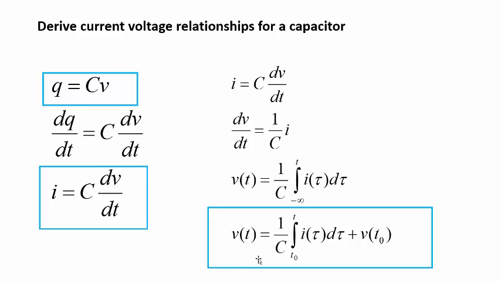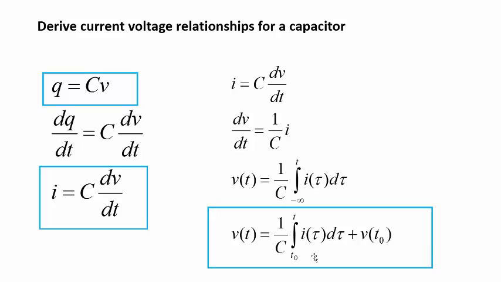But in reality, we don't necessarily know what the charge on the capacitor was at t equals minus infinity. So really we know starting at some time, maybe it's t equals 0. Then we want to find the total voltage that the capacitor has charged up to.